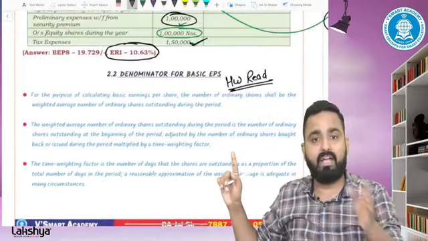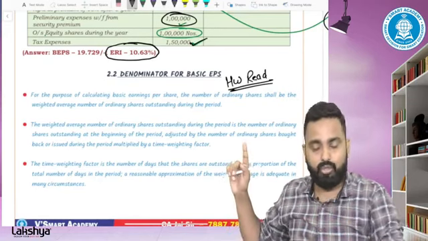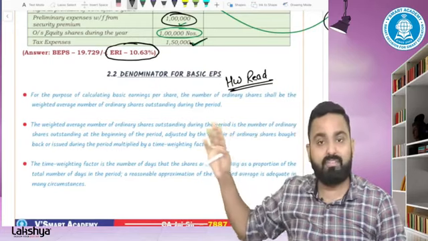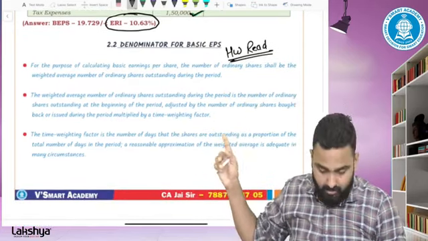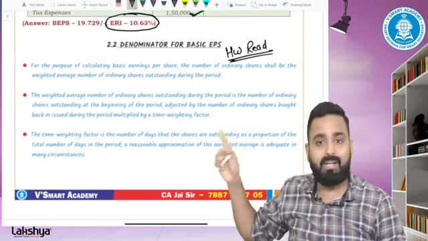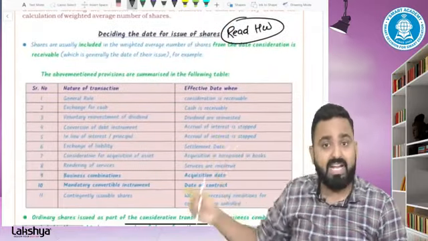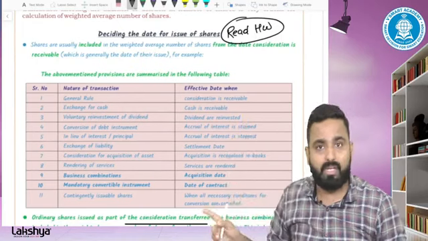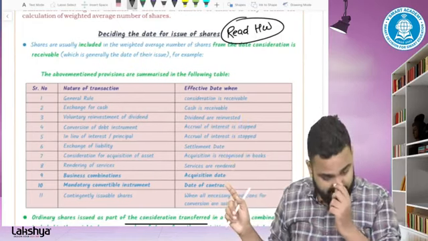Please don't go anywhere. I want to talk to you regarding our schedule after this live session is over. So the denominator part, and deciding the date of issue, you have to read it.